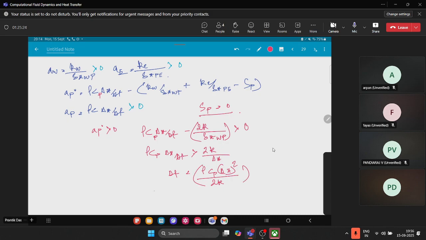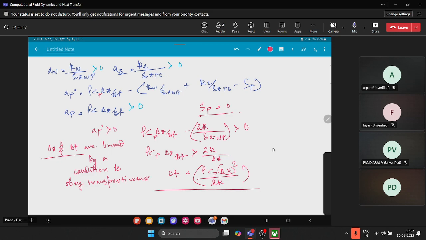So there is a constraint on the time scale and the spatial discretization itself, the cell length. Delta t and delta x are bound by a condition to obey transport.